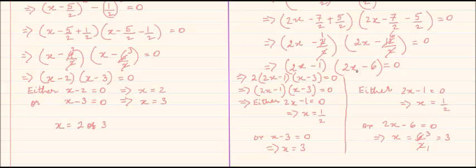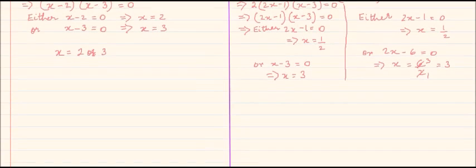And even if you do not take out this common factor of 2, you get the same result, x equal to half and x equal to 3. So do not get worried if you do not notice that you are having a common factor. Your answer will come out to be the same thing. Okay?